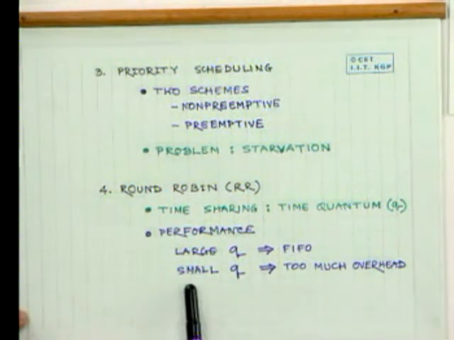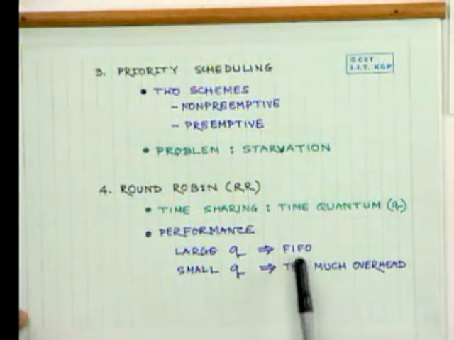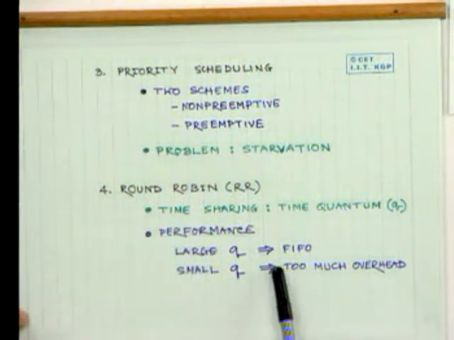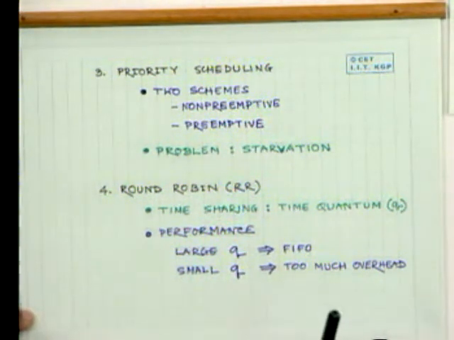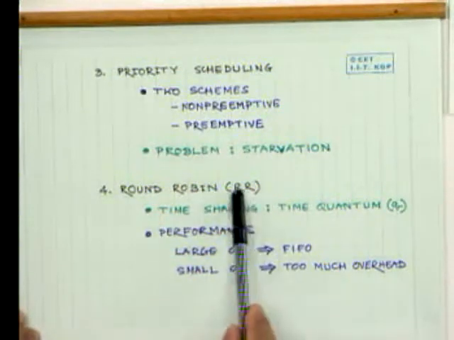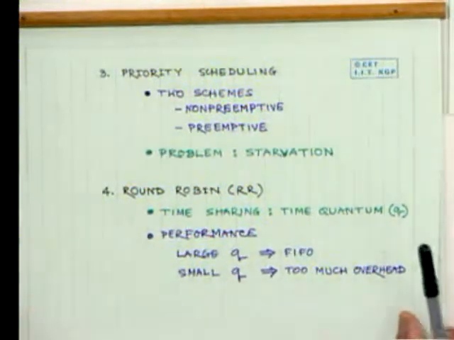And if Q is too small with respect to the overhead, naturally that will increase the overhead because too much switching from one process to another will take place, and the system efficiency will go down. Therefore, we will have to choose a proper Q value so that the round robin performance turns out to be optimum.